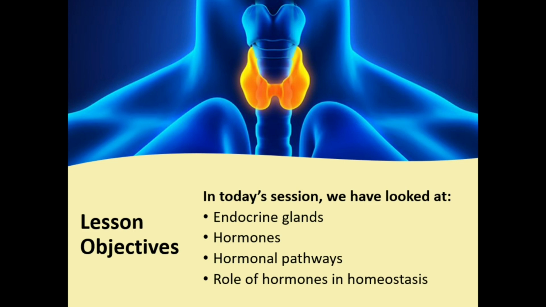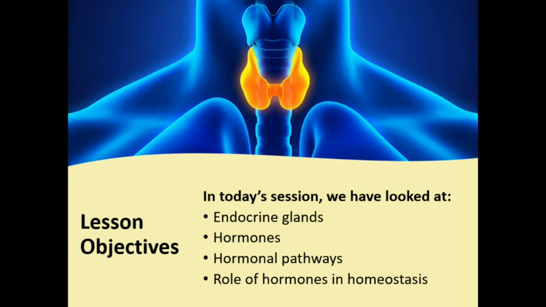So in this session, we have looked at the endocrine glands, so the main endocrine glands, their location, and the hormones that they produce. We've talked a little bit about hormones, so what they are and what they do. We've talked about how they act, so we've talked about hormonal pathways. And then we went on to look at a few hormones in particular.